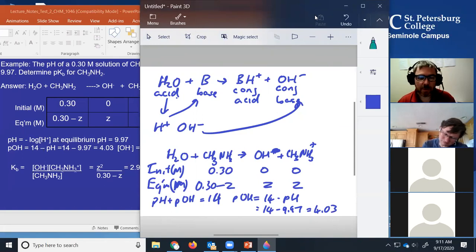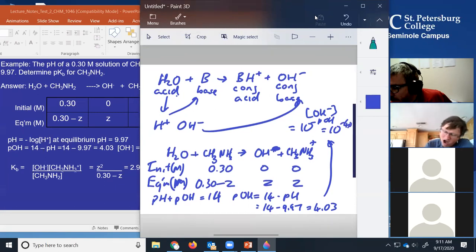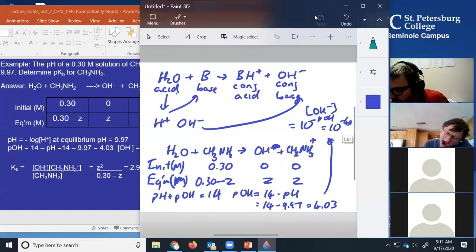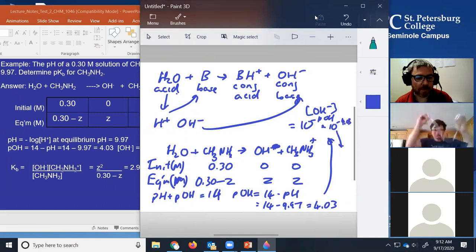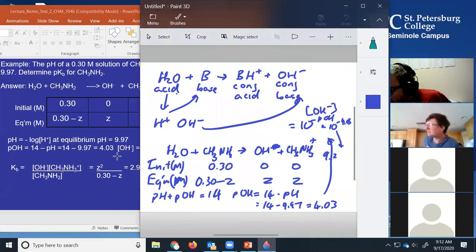And then to get the concentration of OH-, it is going to be 10 to the negative pOH, which would be 10 to the negative 4.03, which would be 9.33 times 10 to the negative 5, which happens to be our Z value.